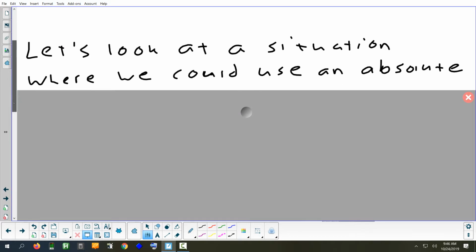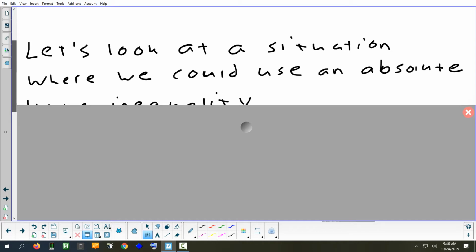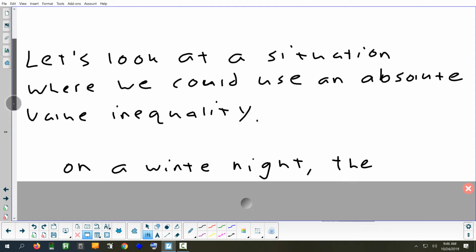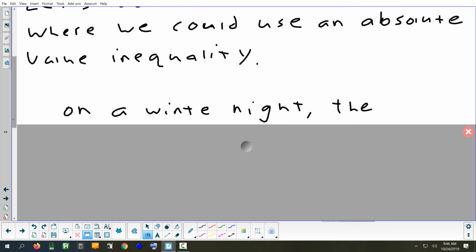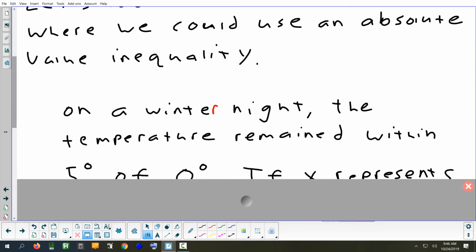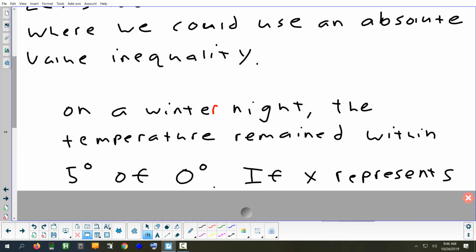So let's take a look at an example of where an absolute value inequality would make sense. We're just going to look at this part. You don't have to write this part down on your guided notes. Let's say that on a winter night, the temperature was always within 5 degrees of zero.